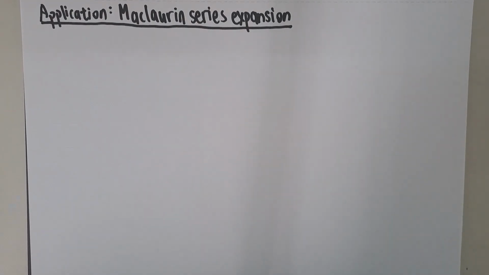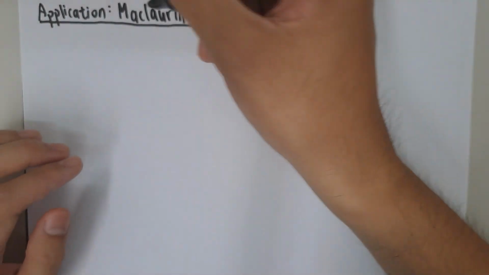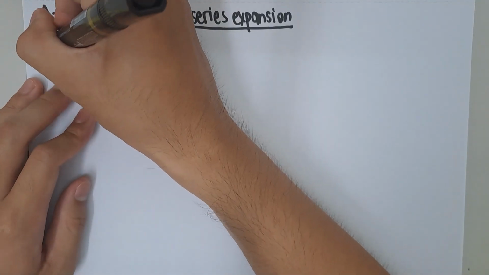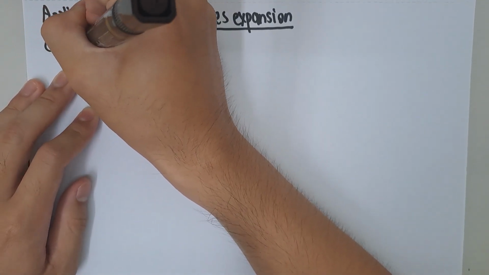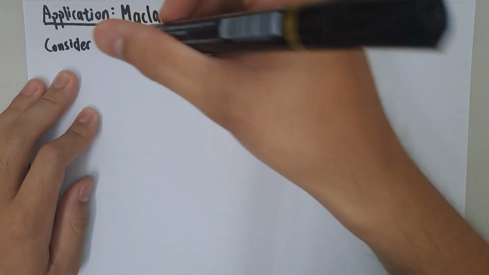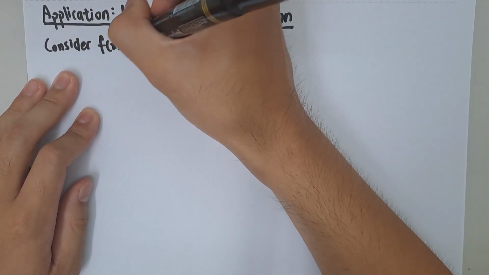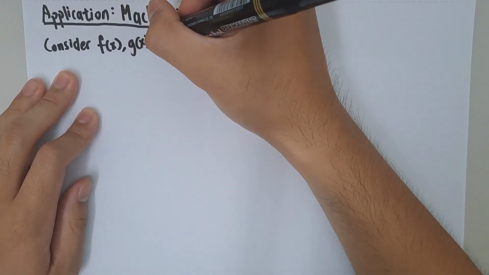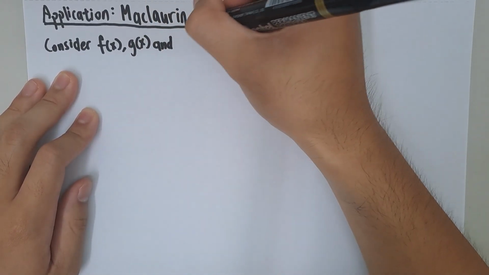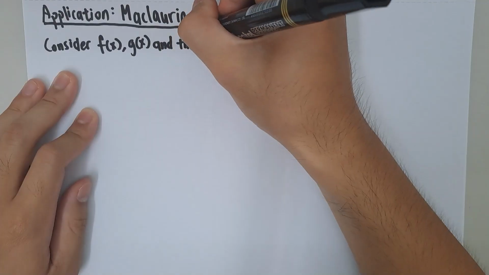The Cauchy product can be used in tandem with Maclaurin series expansion. So suppose we consider two functions f and g, and Maclaurin series expansion.